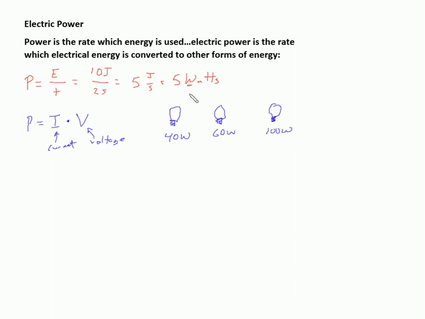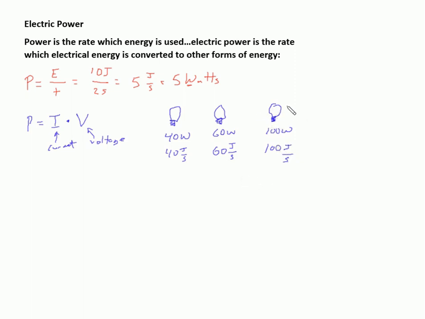So each of these, in terms of watts, we're talking about using 40 joules per second of electrical energy, converting it into light and heat energy. Here we have 60 joules of electrical energy every second, and here we have 100 joules of electrical energy being converted every second.